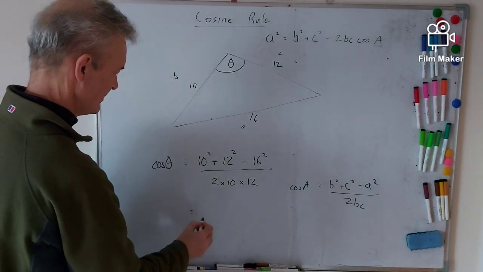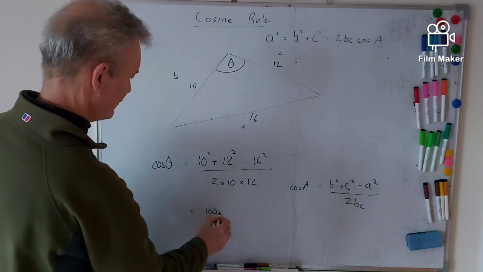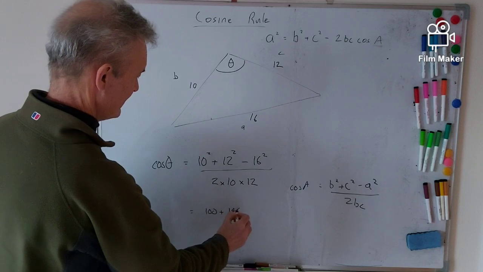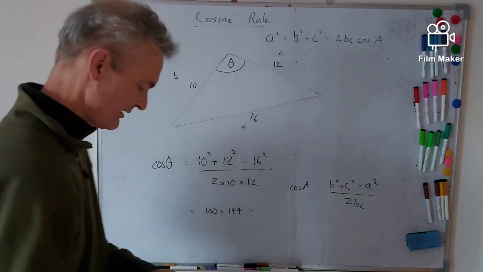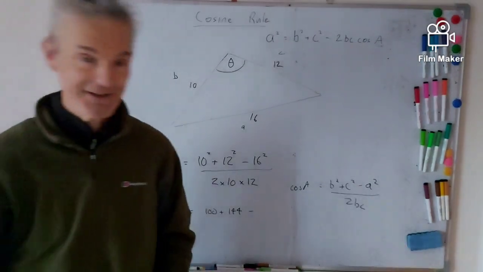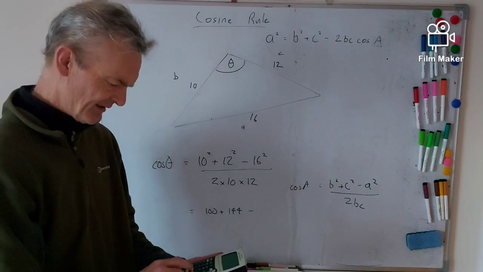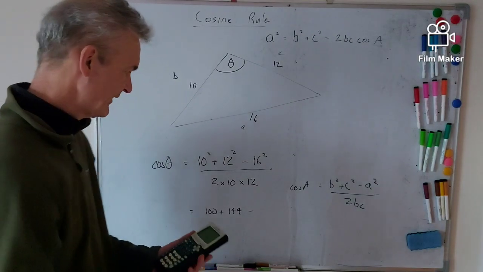What have we got here? 10 squared is 100, 12 squared is 144, minus 16 squared. I'm going to use the calculator for that in case I get that one wrong. 16 squared, yeah, 256.